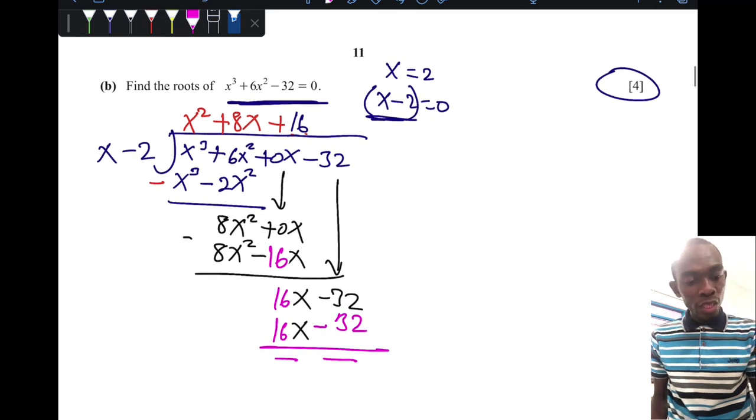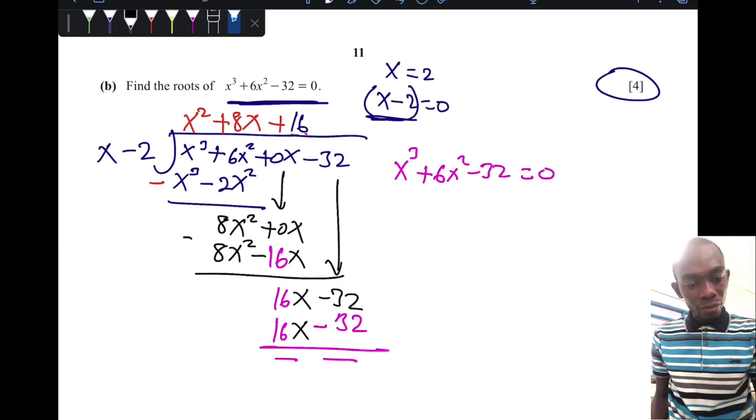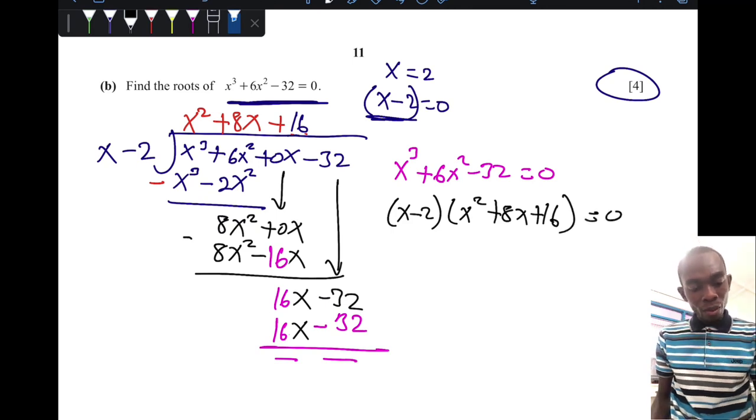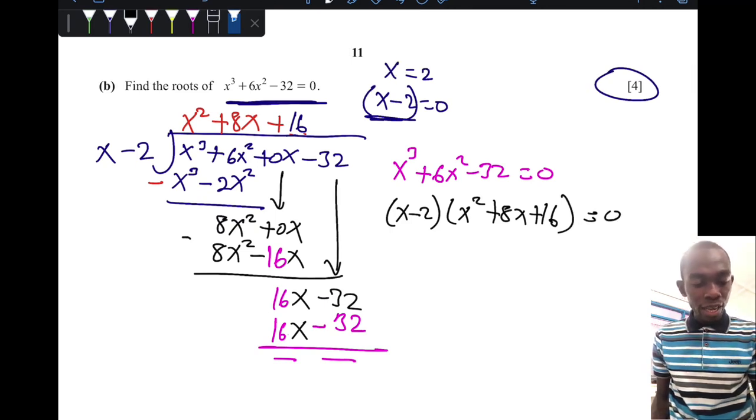All right, so that means that x cubed plus 6x squared minus 32 equals 0 could be written as x minus 2 in one bracket, x squared plus 8x plus 16 in one more bracket. And that would mean that the first one is equal to 0, or the quadratic is equal to 0.